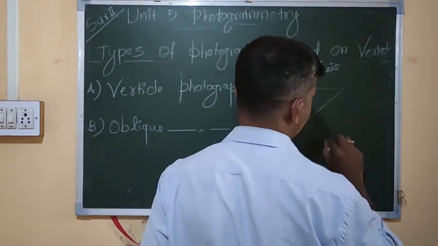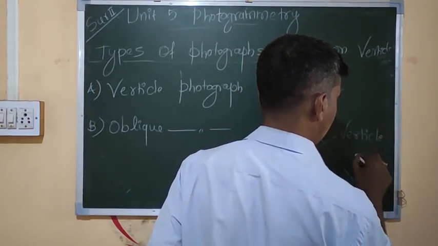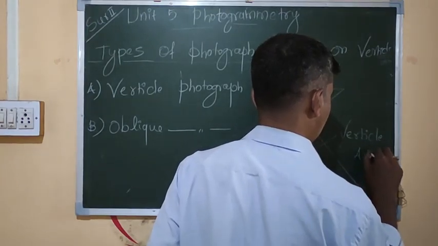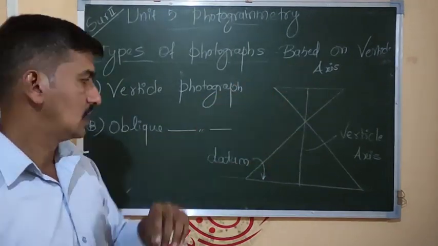This is our vertical axis, and these are the lenses.